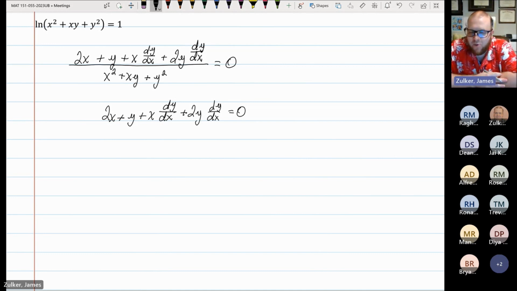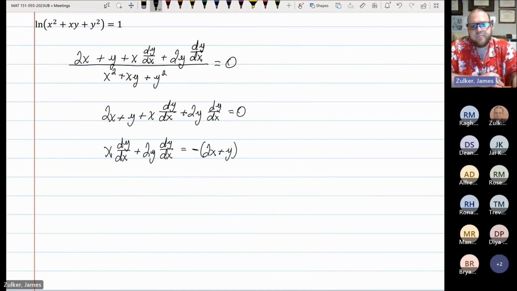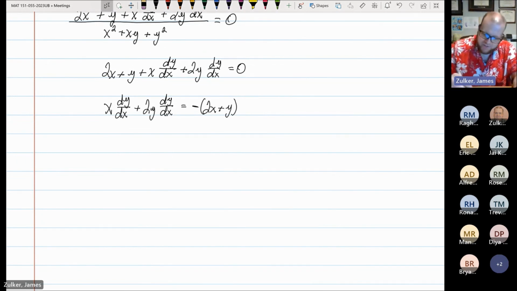Move all non-dy dx terms to one side. Move all dy dx terms to the other. Well, we already have everything on one side, equals 0. So we're going to move the two non-dy dx terms over. Factor dy dx out.